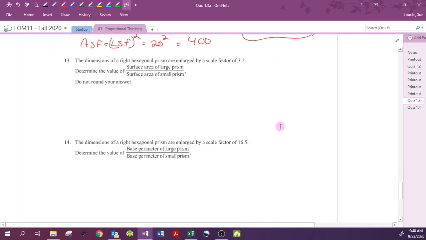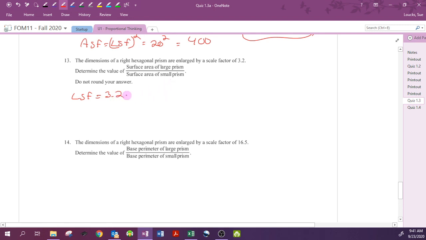Questions 13 and 14. If you didn't get them, it's probably because you were overthinking this and making it much harder than it actually is. These questions are just asking you for the scale factor, because the scale is the area of the large one over the area of the small one, right? That's all it's asking you for. So the linear scale factor on this one is 3.2.